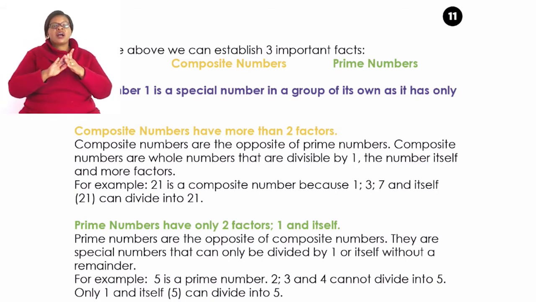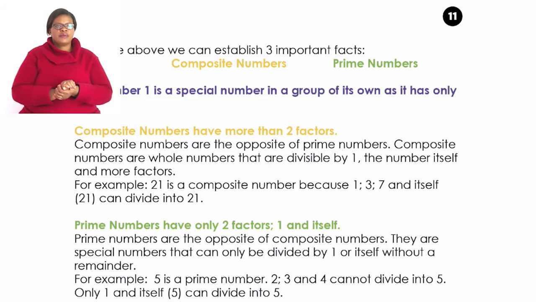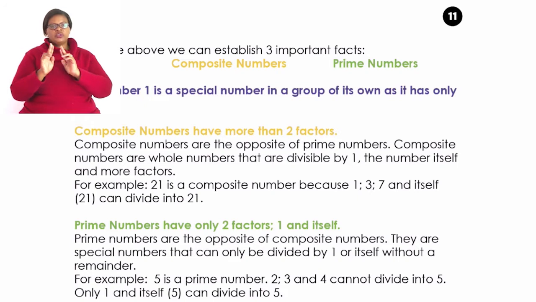Now let's quickly go to prime numbers. Before we touch on composite numbers, let's just see what they say. What is a prime number? It says there that a prime number only has 2 factors, 1 and itself. It continues to say that prime numbers are the opposite of composite numbers.